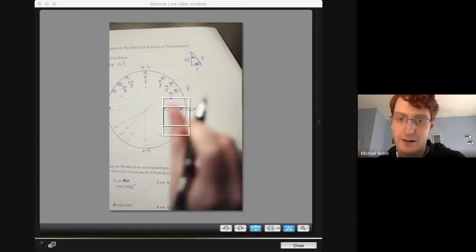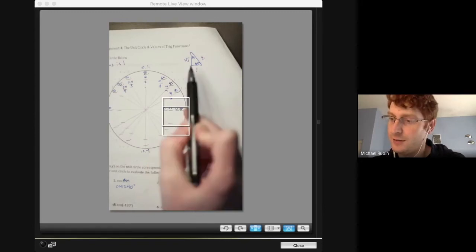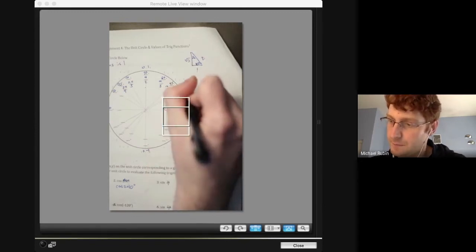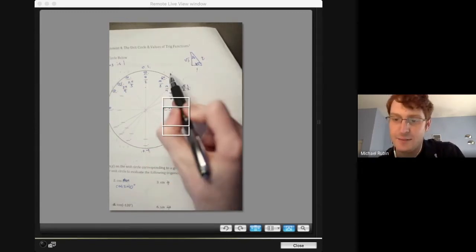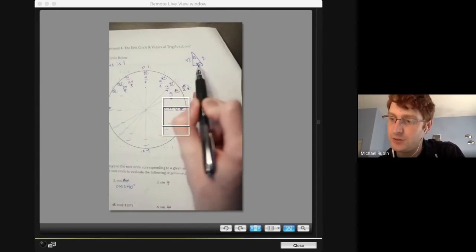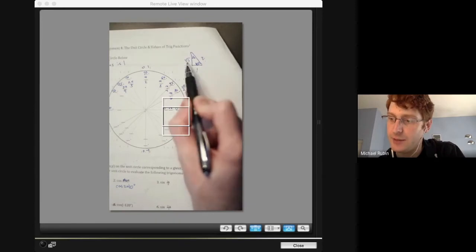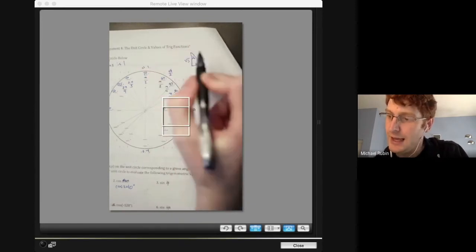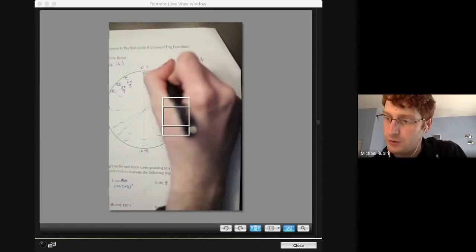This value here is cosine of 30 degrees, which is root 3 over 2. I can do the same thing with this coordinate value here. The y value is sine of 60 degrees, which is opposite over hypotenuse, root 3 over 2. And cosine is adjacent over hypotenuse, which is 1/2.